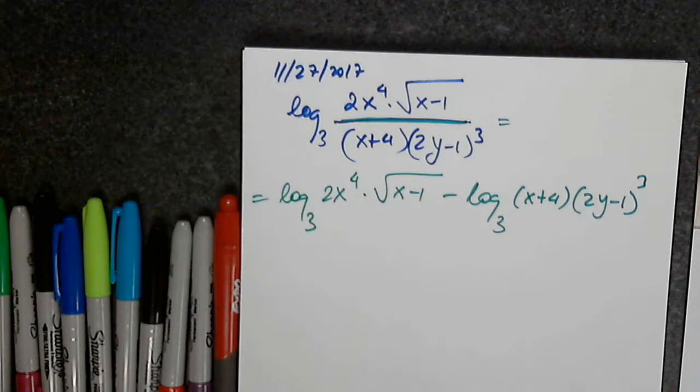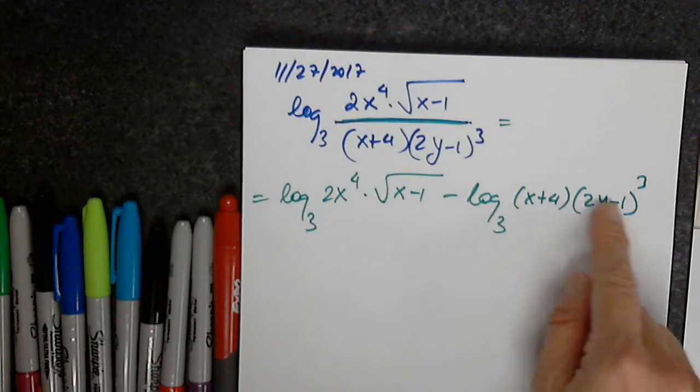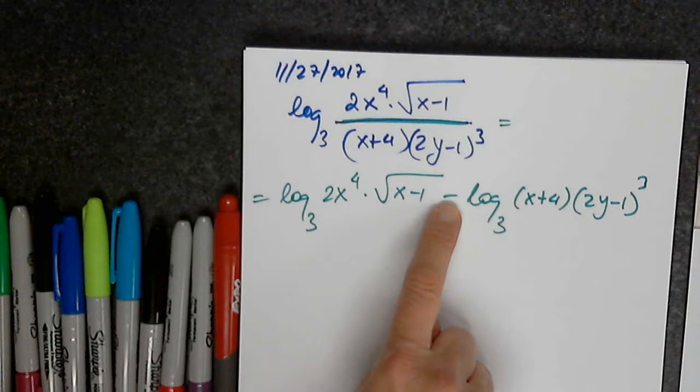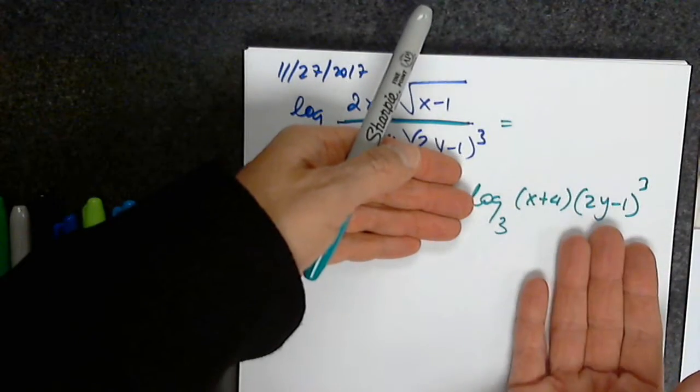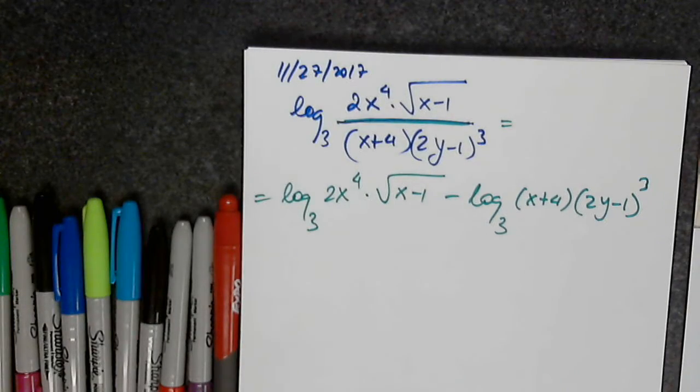But now look at this very important issue here. Whatever I write after this, it has to have a negative sign. Whatever this becomes, all the terms will have a negative in front because I have to distribute that negative.